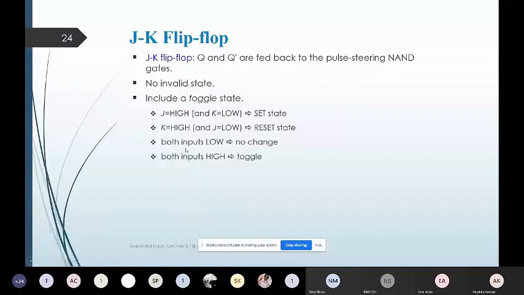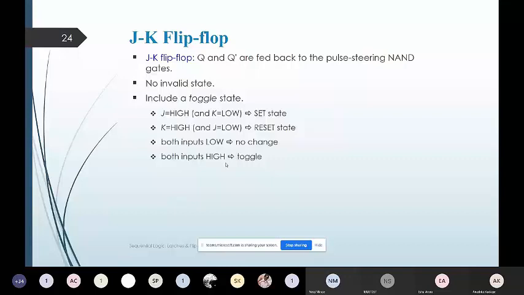But if both the inputs J and K are 0, that means they are low, then the previous state will be continued as the next state, which is said to be no change. But as already mentioned, when both the inputs J and K are high, that state is called the toggle state.